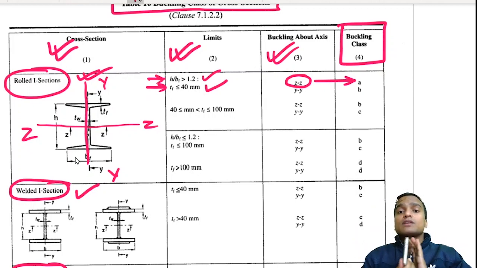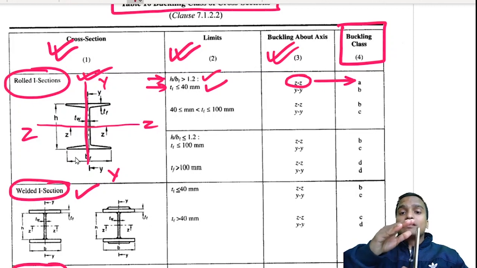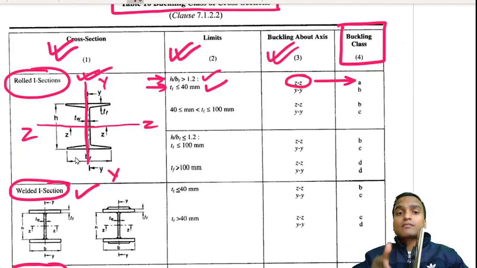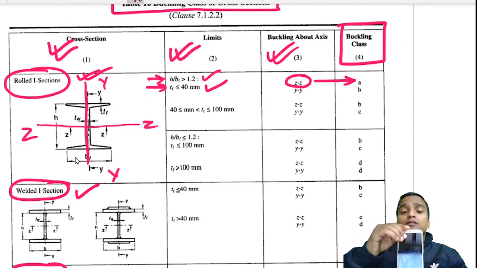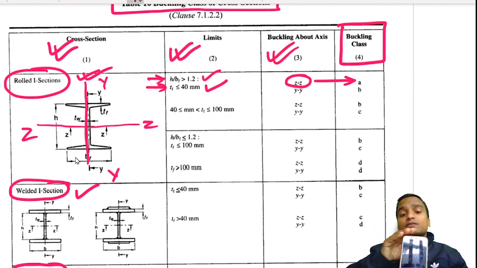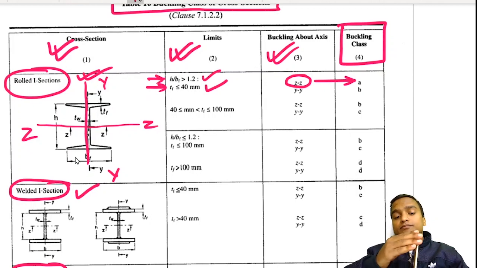So in most of the cases there is a chance of buckling along this YY axis, and the shape of the buckling curve will be like this. In few cases only, buckling can occur about this axis also, and in that case the curve of the buckled shape will be like this. So this is relatively less probable.